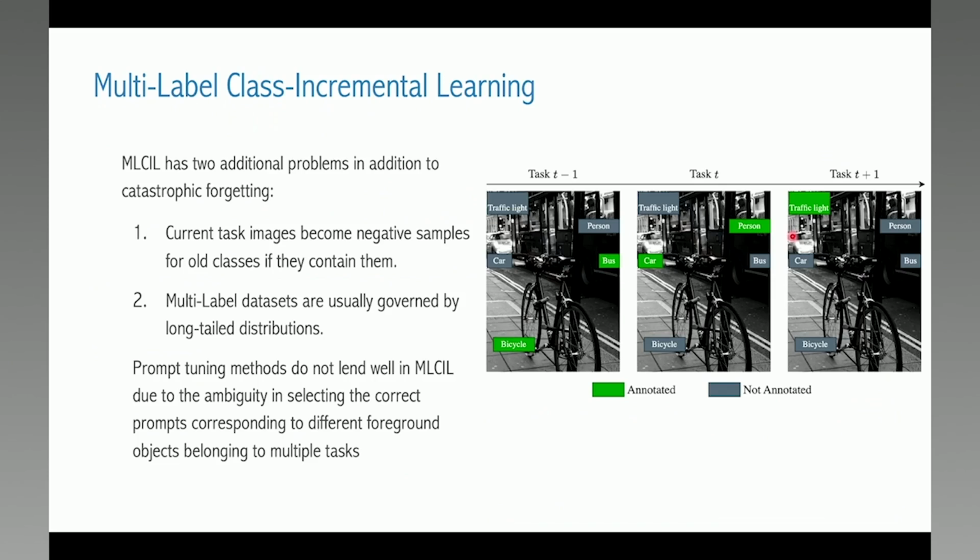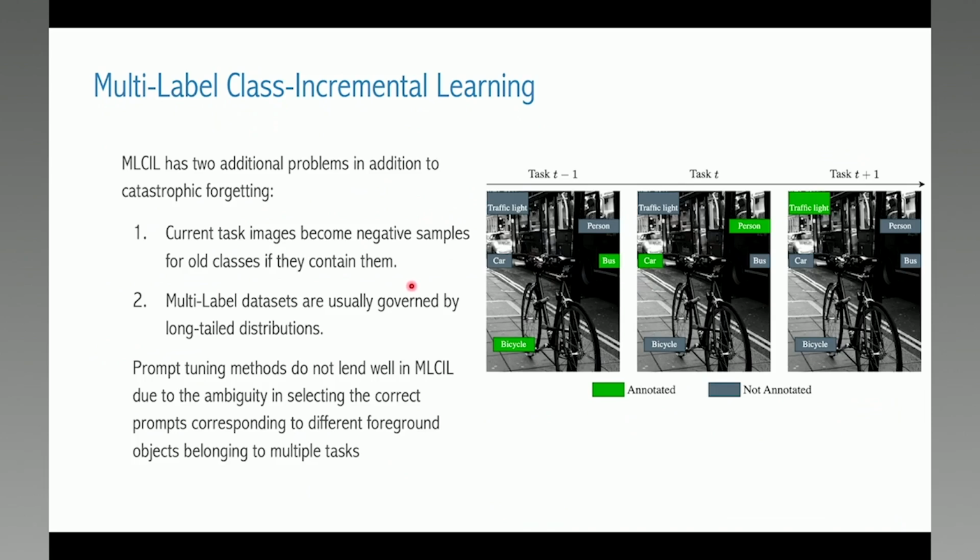Catastrophic forgetting is much more pronounced in a multi-label setting, because the classes that are not annotated for a certain task, but are in the foreground, that you have seen only in the previous task, will lead to an exacerbation of catastrophic forgetting. Another issue is that since you have several labels, you are also facing the problem of long tail distribution.